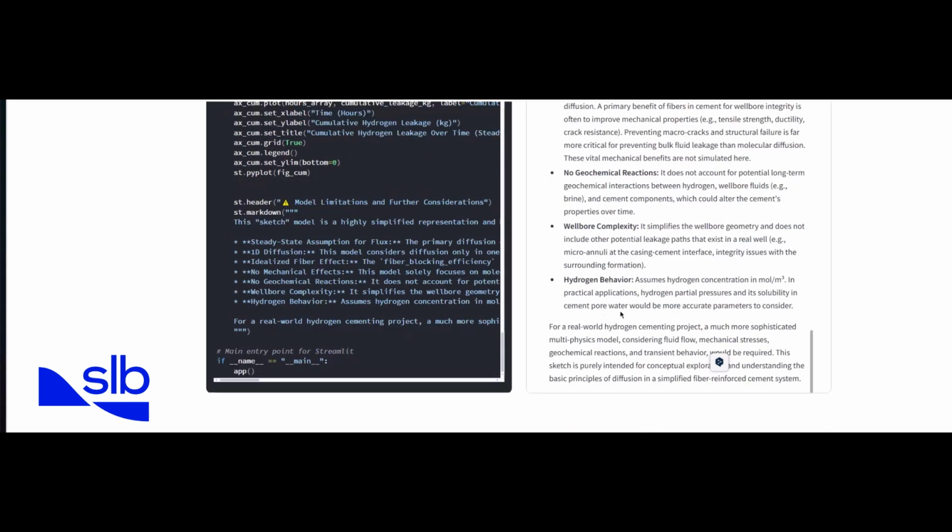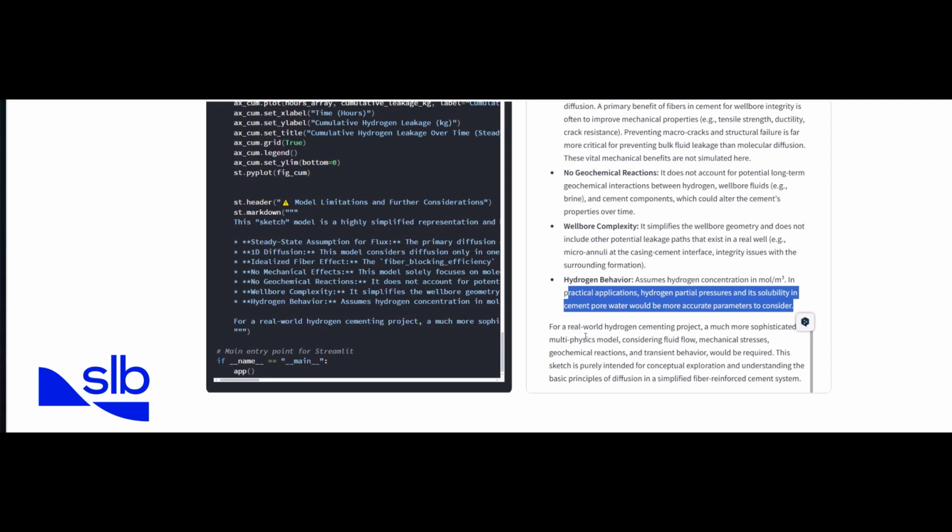For the hydrogen behavior, we assume concentration expressed in moles per cubic meter. In practical application, hydrogen partial pressure and solubility in cement pore water would be more accurate parameters to consider.